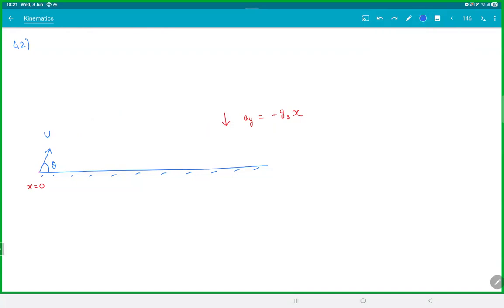This becomes an advanced question. You can't use your regular equations. Similar one? No, this is nothing like that. The last time, the gravity was changing with y coordinate. This is changing with x.